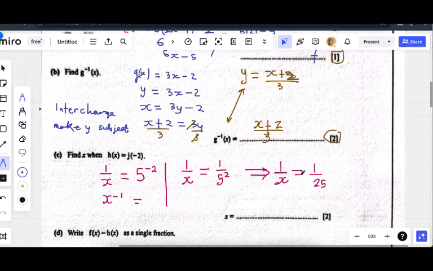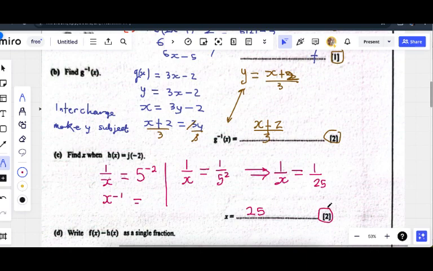If you have anything like this, just say x equals 25. You know why? If you cross multiply, x times 1 gives x, and that is equal to 1 times 25, which is 25, so x equals 25. When you have something like this, you just finish it up by writing x equals 25. So you get another 2 marks.